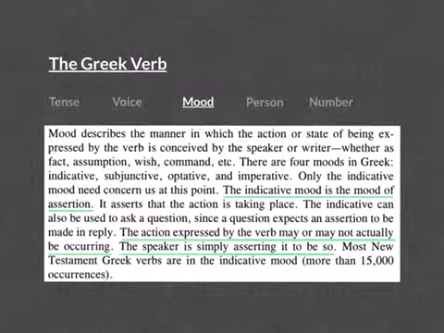Today we're primarily going to cover the indicative mood, but just so you have a general understanding of the others: the subjunctive is basically a possibility. I may do something, I might do something. The optative is a polite way of asking or requesting something, like, may I please have this?